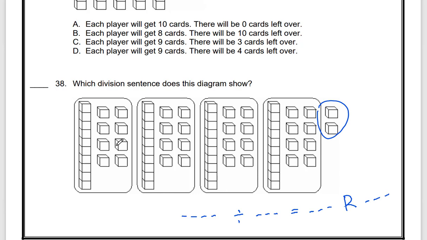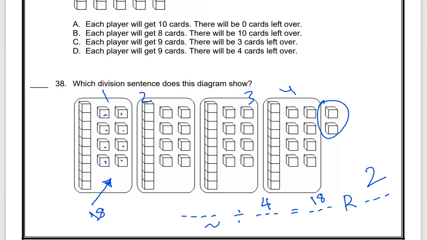I see that I have 2 here, so just write 2. I see that I have 1, 2, 3, 4 groups, so just write here 4. And I will count inside the group. I have 1 ten and 1, 2, 3, 4, 5, 6, 7, 8 ones. So these all are 18. So the quotient is 18.